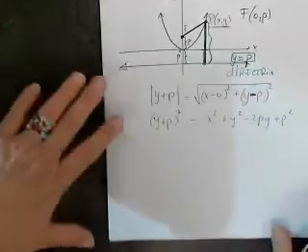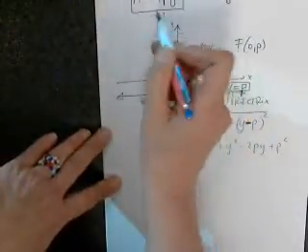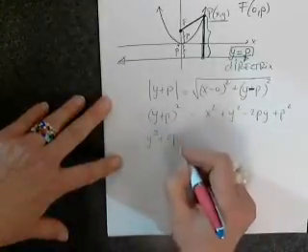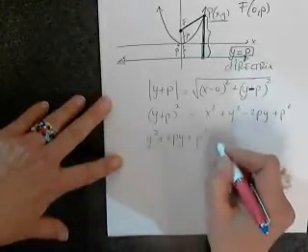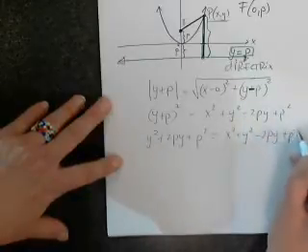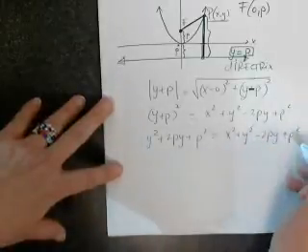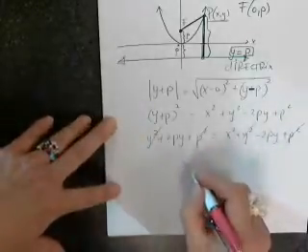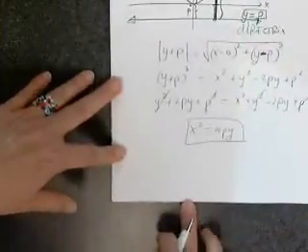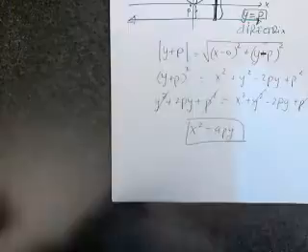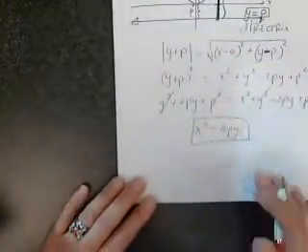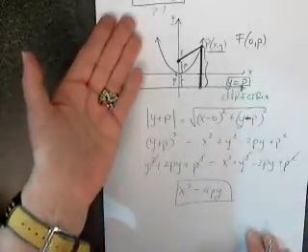You don't have to memorize any of this, I just want to show you how we get that. From here, y squared and p squared go away, and that's how we get x squared equals 4py. So by setting this distance equal to this distance, we determine the equation of the parabola.